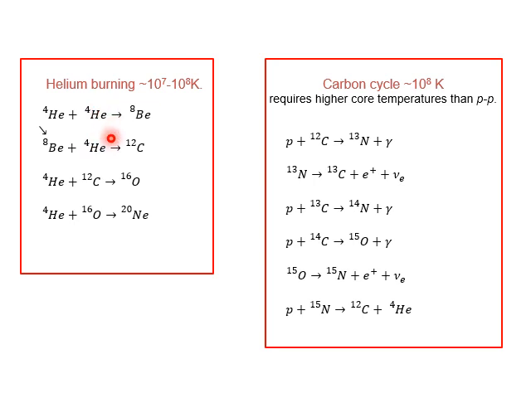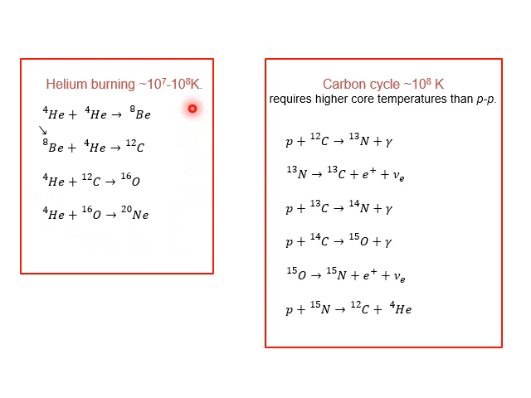So the rate at which these processes occur, even at a particular temperature, is going to decrease as we move to heavier nuclei. So helium burning is somewhat limited in what it can produce, and there are processes that can give rise to, let's say, higher probability, higher abundances of slightly heavier nuclei.